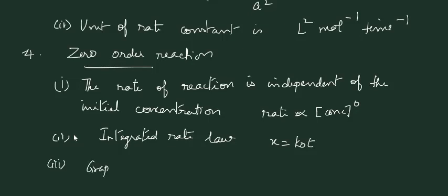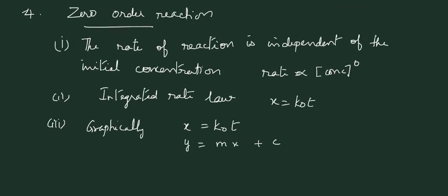graphically, from the equation x is equal to K0 into t, this is y is equal to mx plus c. If we plot on the y-axis x, on the x-axis time, you will get a straight line passing through the origin because the y-intercept is 0. Y-axis you have x and x-axis you have time.